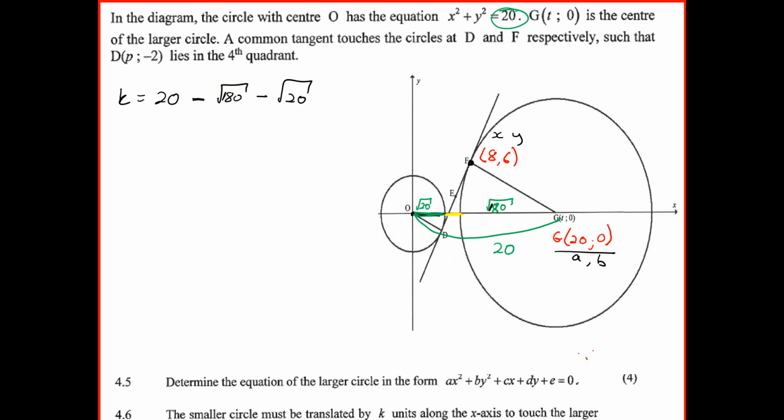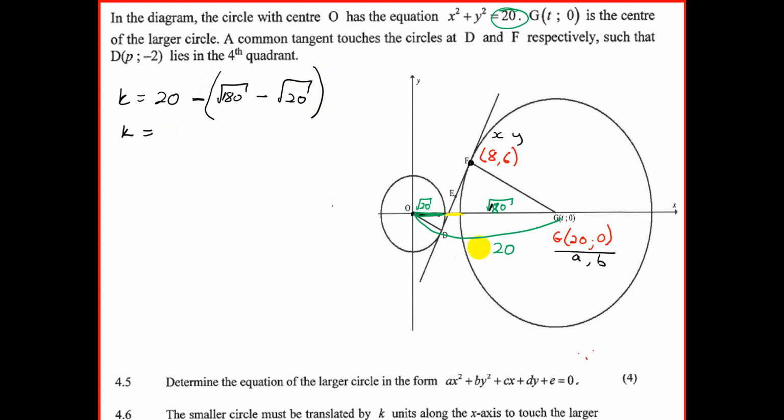And if we subtract that using our calculators, your calculator should tell you that k would actually be equal to, sorry, I should be putting a bracket on this, okay, for it to touch.